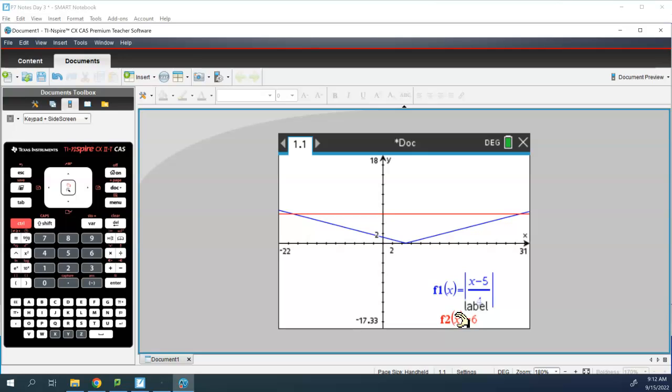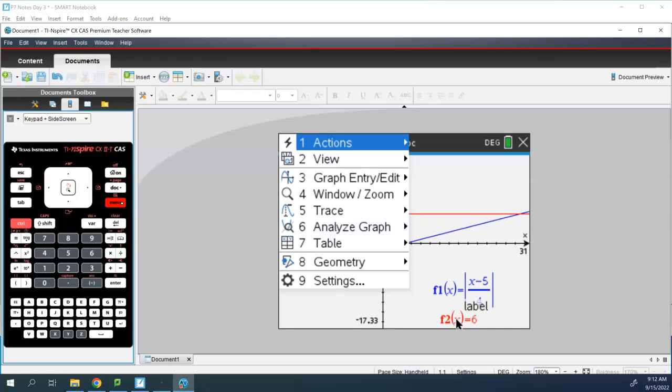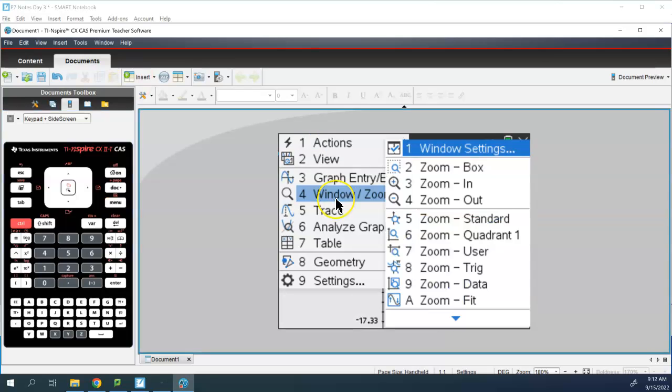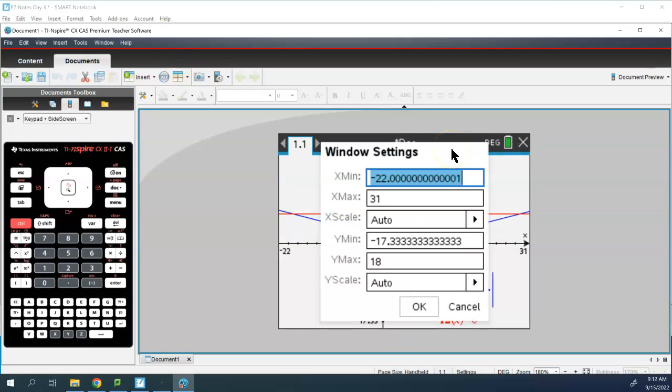Other option, if you don't want to grab onto an axis and slide it in, you can adjust your window settings in menu, window, and zoom, and then window settings. And you can say, well, I need to go all the way out to -22 and 31. That's what I just had to do to see it. And so you need to go past that to see it.